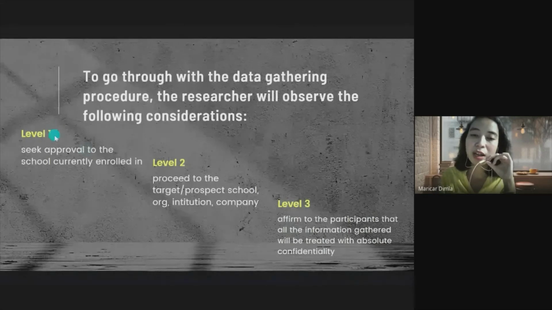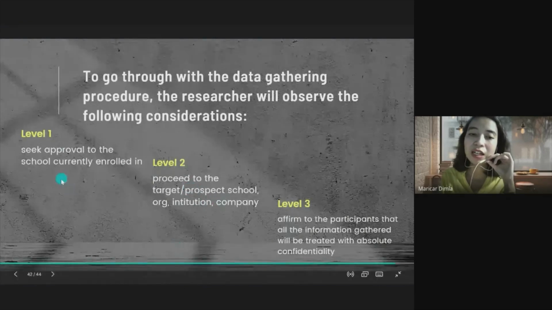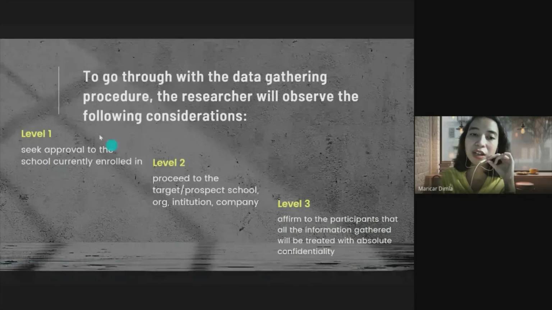Pwede na siya. Pero kapag si level 2 class ay outside LCUP at nagpa-require pa siya ng additional letter seeking for the permission of the organization of your respondents, kailangan niya mag-provide ng another letter. Okay? Pero i-justify nyo on that organization of your respondents na you already have the go signal to conduct the data gathering because na-allow na kayo ni level 1.